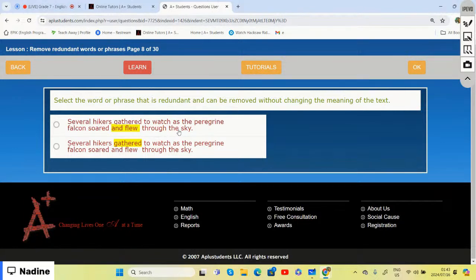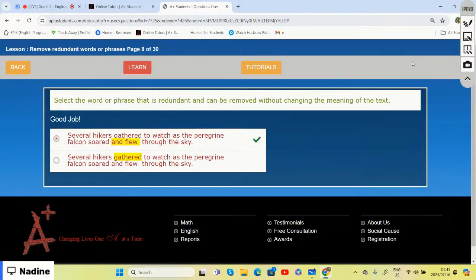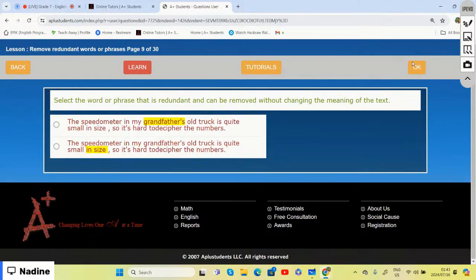So we will then choose option one. Well done. Because in option one, flew and soared are the same, right? Soared is like to fly, especially to go up, and that is also the same as flew or fly. Well done. Let's look at the next one.